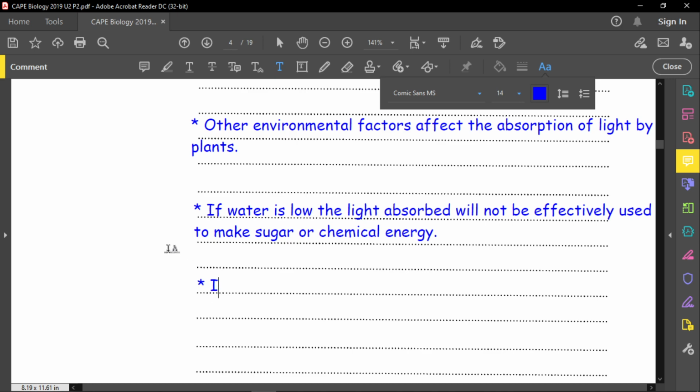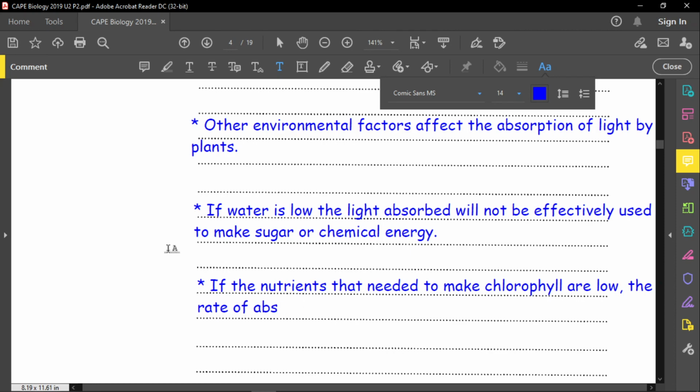If the nutrients that are needed to make chlorophyll are low, the rate of absorption of light will also be low.